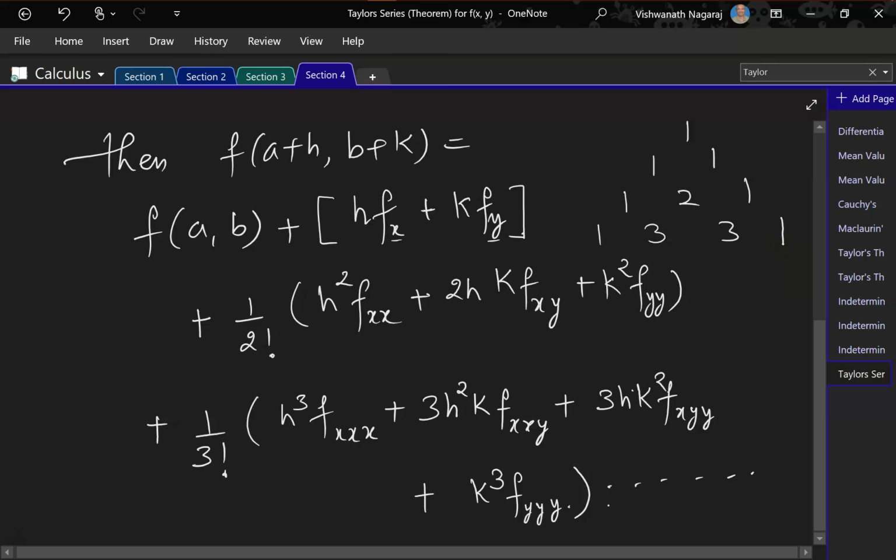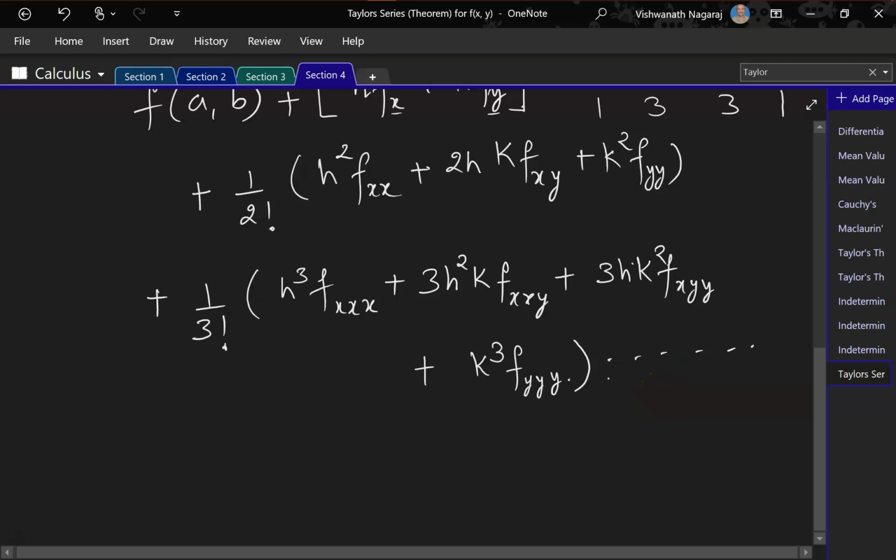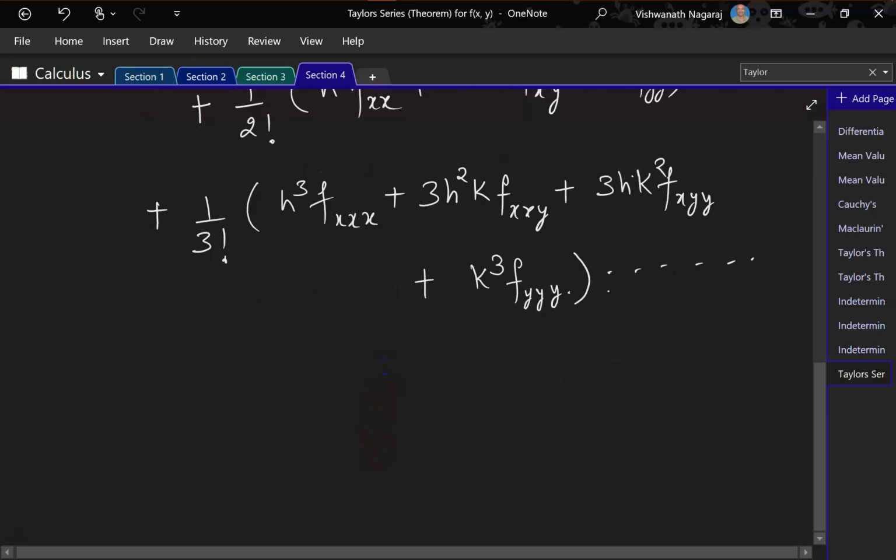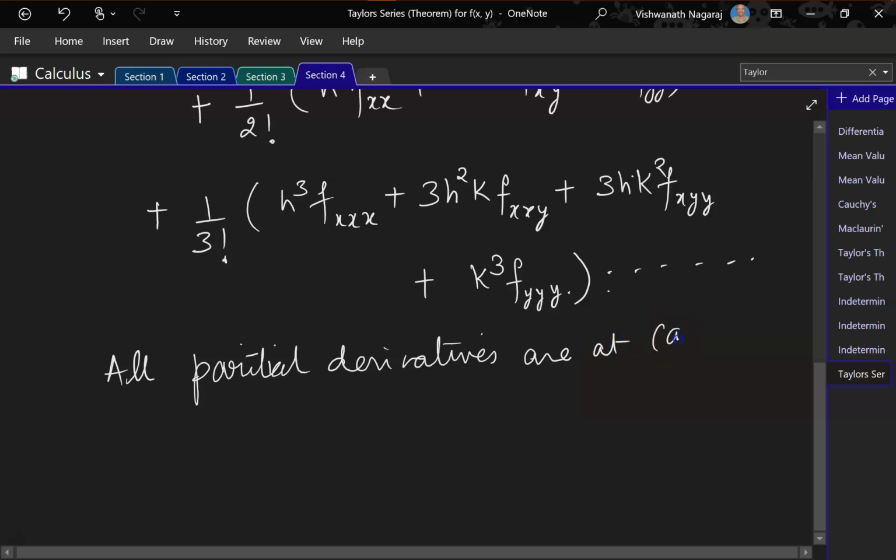Remember this is Pascal's triangle, right? So we can write it in terms of combinations as well. Now here all the partial derivatives are at a comma b.